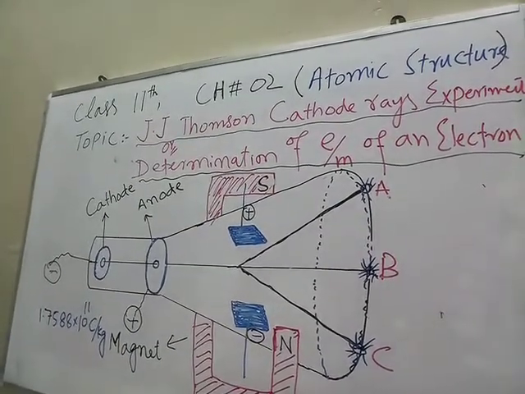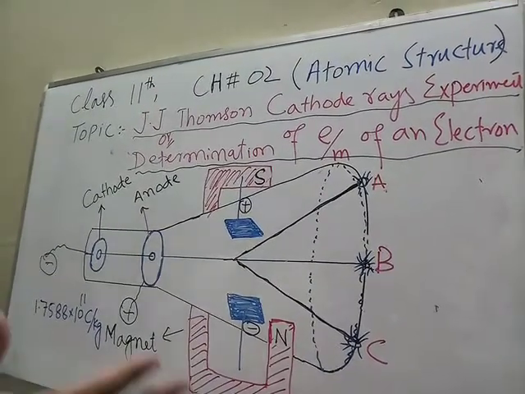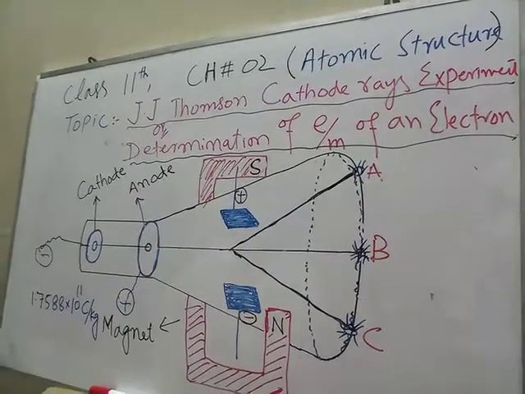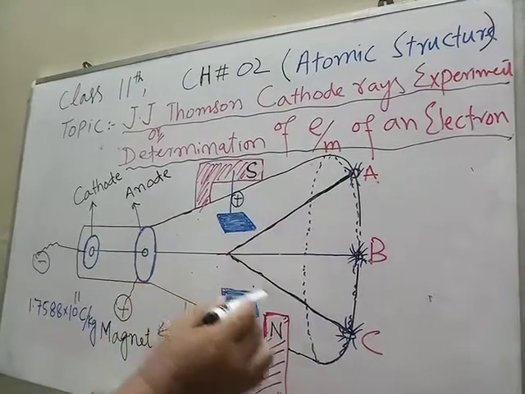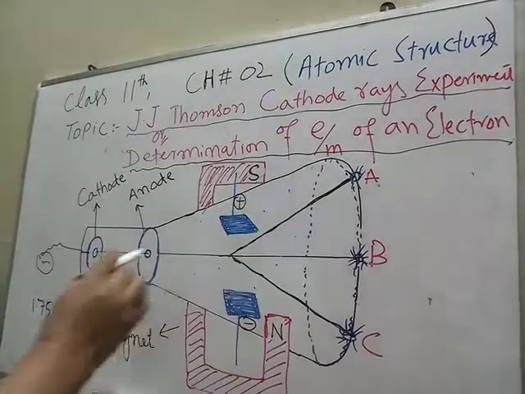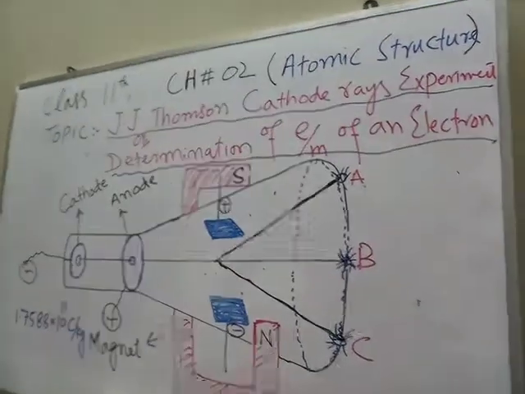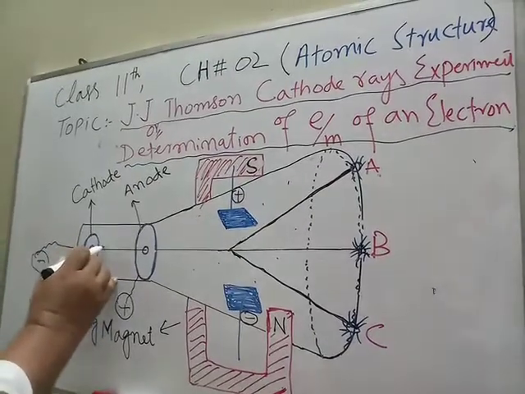He took the vapors of a gas inside this tube and applied high voltage across these terminals. By the application of high voltage, cathode rays were produced.